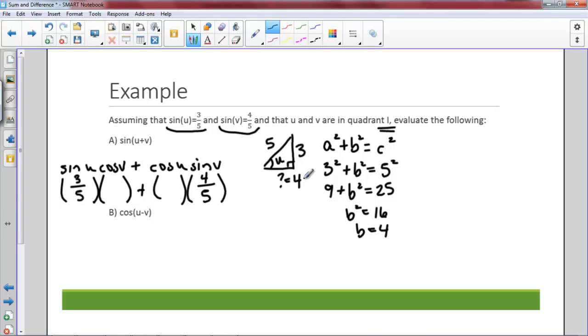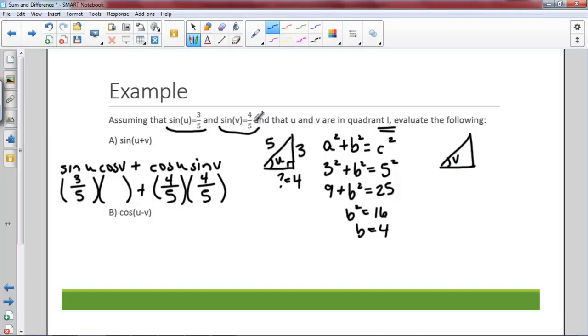So I'm looking for the cosine of u. Here's our angle u. Cosine is adjacent over hypotenuse. All right, now we need one more thing, cosine of v, so we can do the same thing. Draw our triangle, call this v.